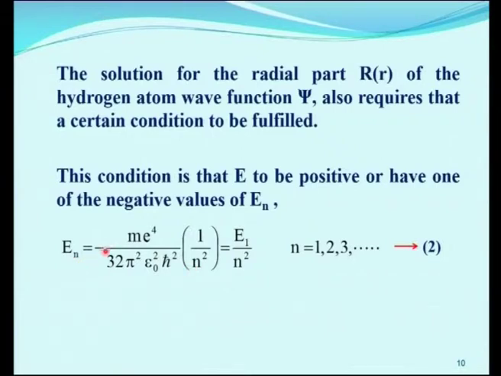E n is equal to minus m e to the power 4 over 32 pi squared epsilon naught squared h cross squared, into 1 by n squared. So E n is E 1 by n squared, where n varies from 1, 2, 3 etc. up to infinity. This is taken as equation number 2. We recognize that this is precisely the same formula for the energy levels of the hydrogen atom that Bohr obtained.